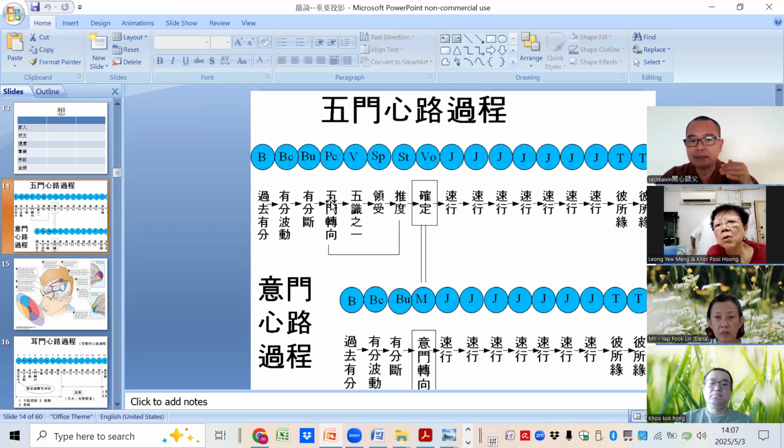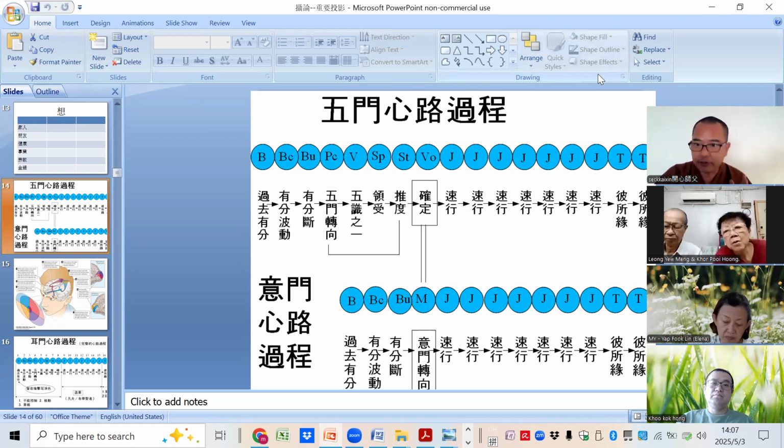If you remember, there's one pair that is kusala, one pair that is akusala. Meaning to say that if, let's say in this life, your bad karma arises, you're going to meet somebody you hate. So all this that appears is the akusala.